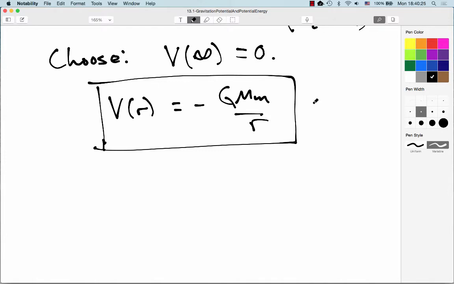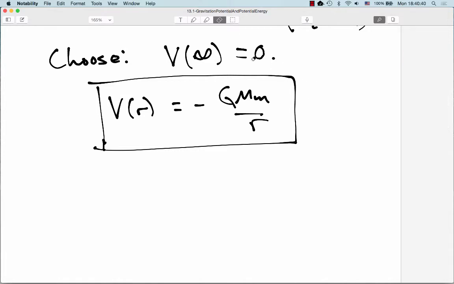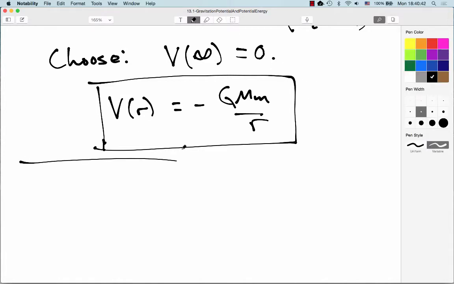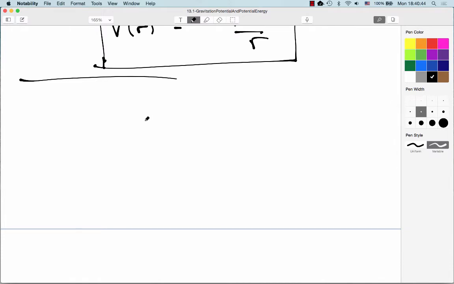Now, I should point out that before we go on much further with gravity, classically here we're faced with a conundrum. The conundrum is the problem of action at a distance. So this is a little side note here.